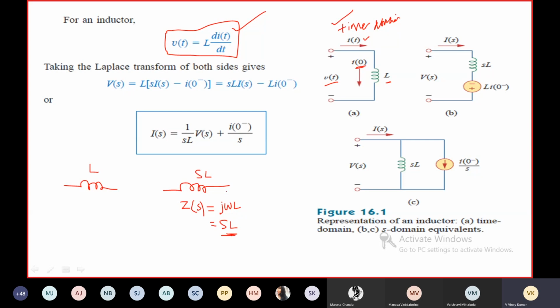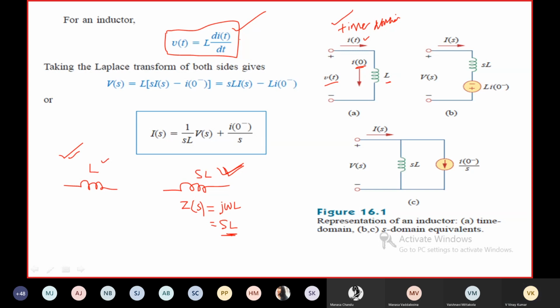Okay, this is time domain representation. This is frequency domain representation, or S domain representation. Okay, in time domain it is L. In S domain it is SL.